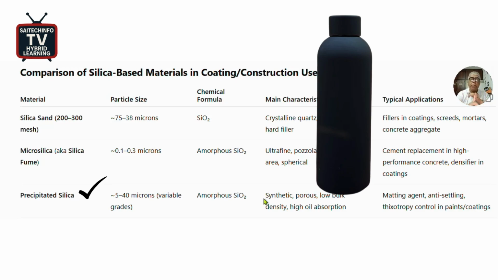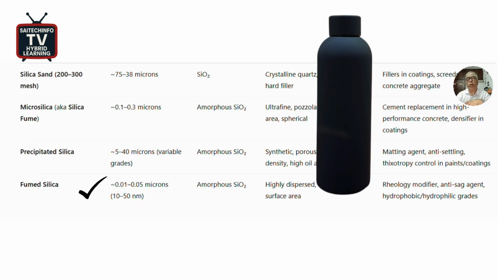So it will give a matte effect, and it is used as a thixotropic agent. That is, it is capable of controlling the thixotropicity of paints and coatings, and it is used as an anti-settling agent also, so that you can avoid the settling problem with any kind of paints and coatings.